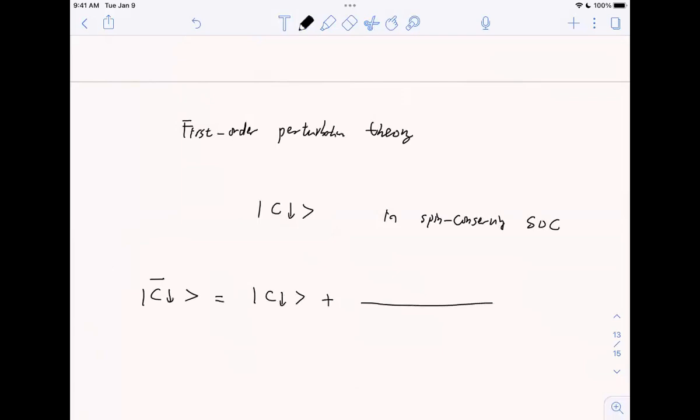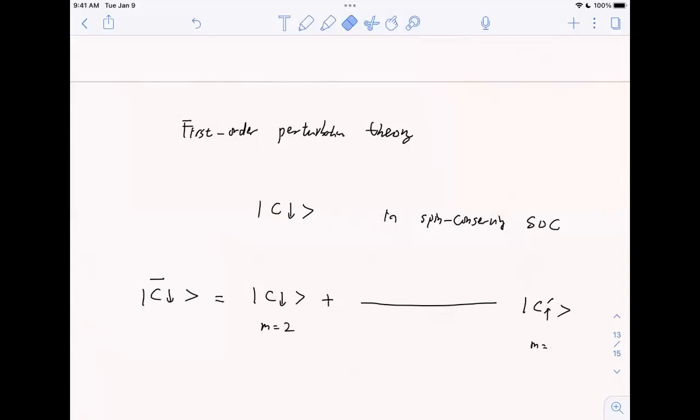You just apply what you learned in perturbation theory. It will get mixed with the spin up prime. Okay, spin up. This is m equal to... this moves down, so you need to go up. So you need to minus 1. Okay, so you flip the spin down and increase the m to 1. Sorry, this will be 2.